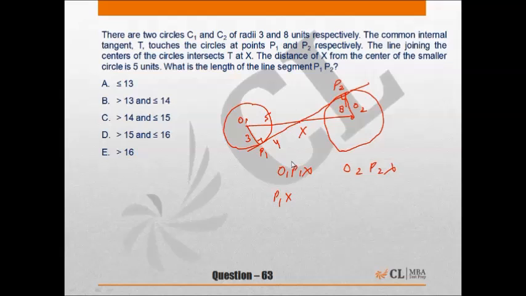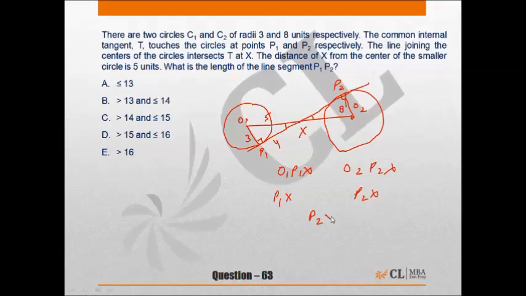Now in order to find the value of P1P2 we have to calculate the value of P2X, and it can be noted that these two triangles are similar as one of their angles is a right angle and their opposite angles at vertex X are equal. So the ratio of corresponding sides should also be equal.